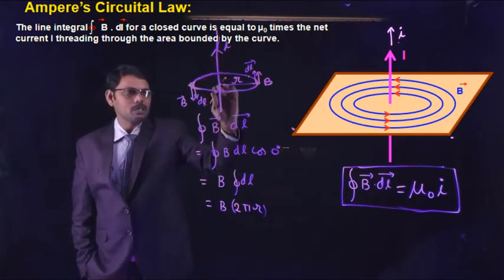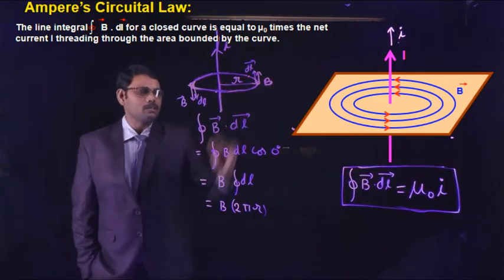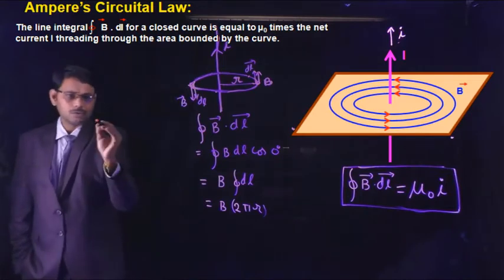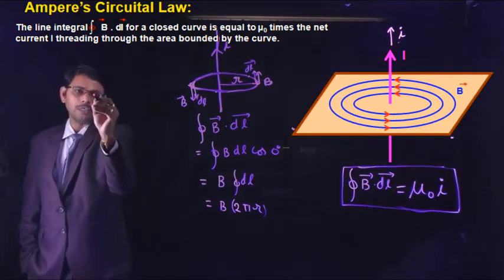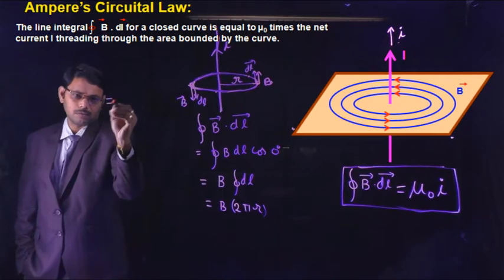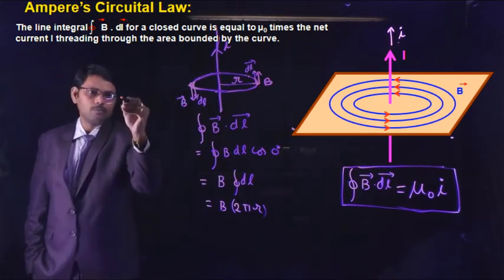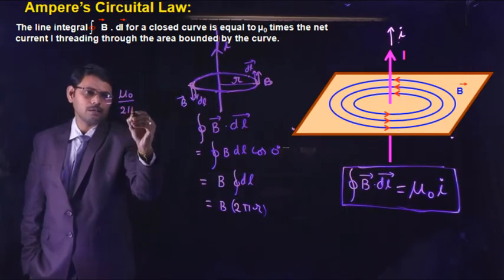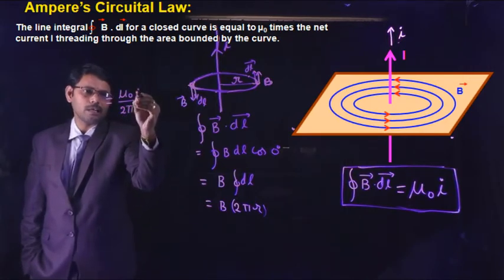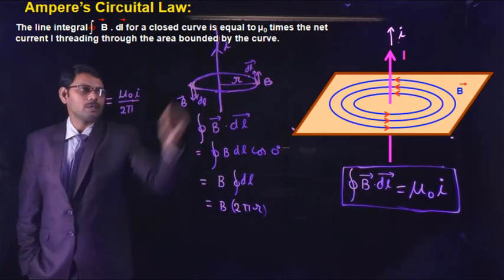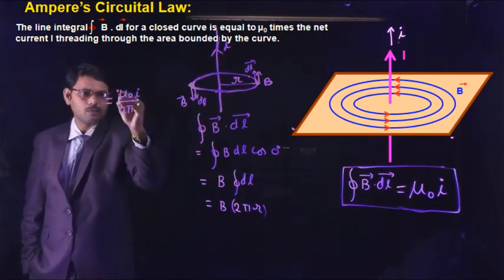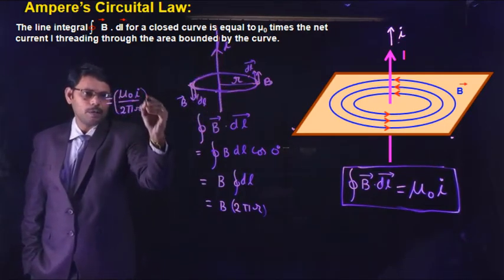The magnetic field due to a straight and long current carrying wire at a perpendicular distance r is given by mu naught I divided by 2 pi r, where I is the current through the straight wire. So, the B value is mu naught I divided by 2 pi r.